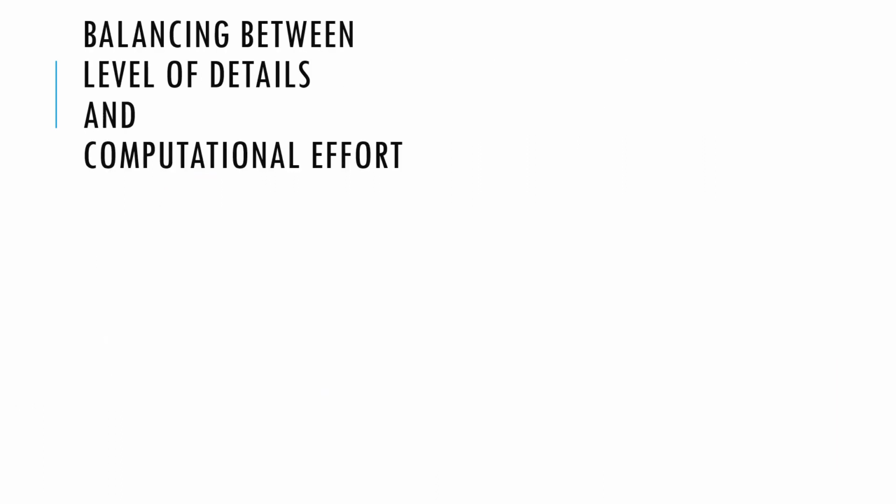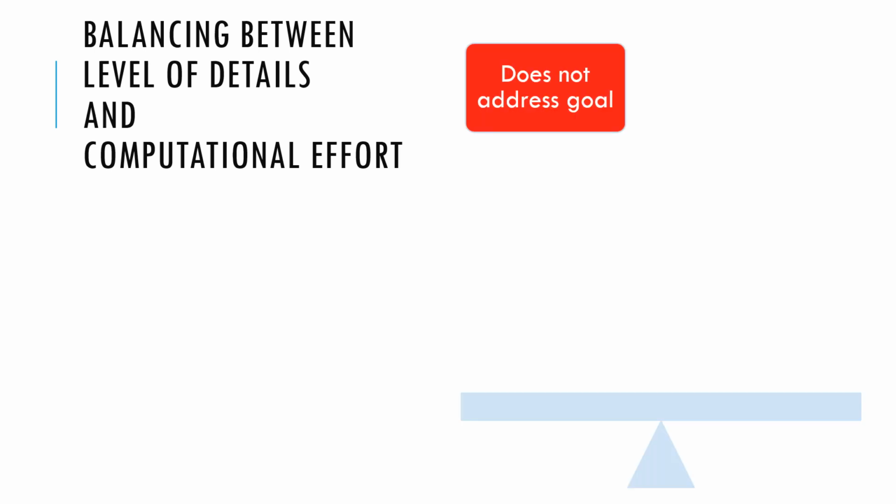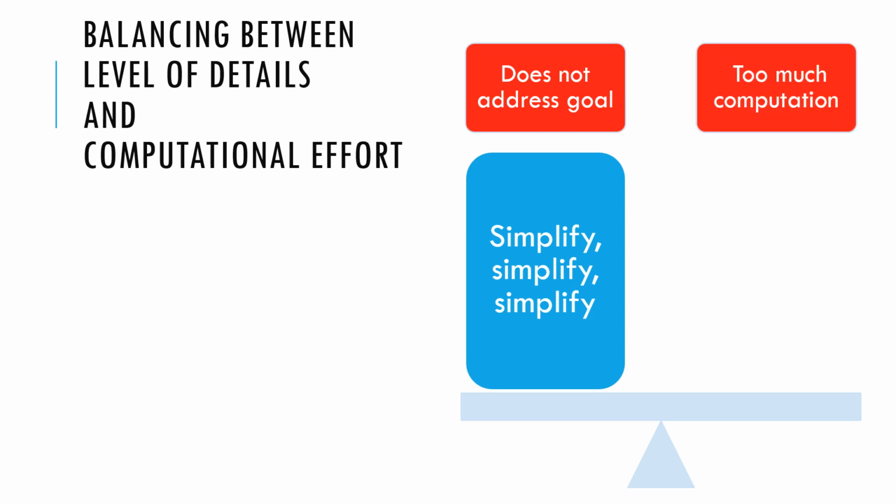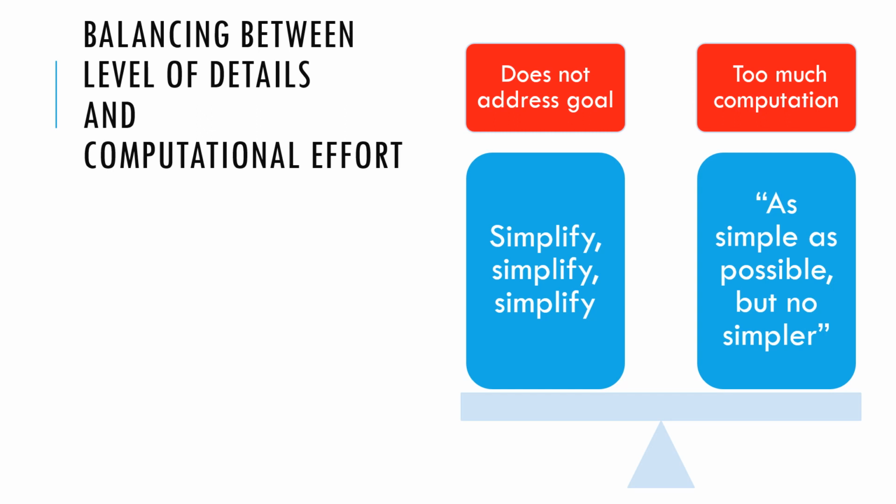So we are balancing between the level of detail and the time it takes to solve. On one hand, we could simplify too much so that it does not address the goal, and on the other hand, we can decide too soon that, oh, we can't make it any simpler, and it could be too much computation.